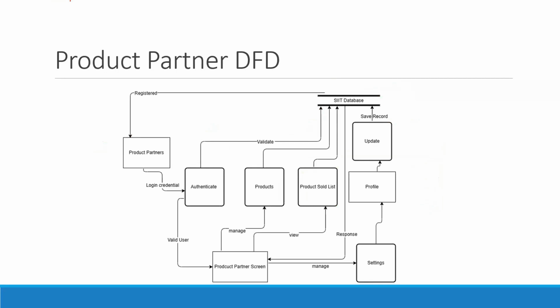The admin has a privilege to register a product partner. The admin also has a privilege to register a doctor, because only an authorized product partner or authorized doctor can access the application. Without authorization, that person cannot sign up, because we will not give sign up access.